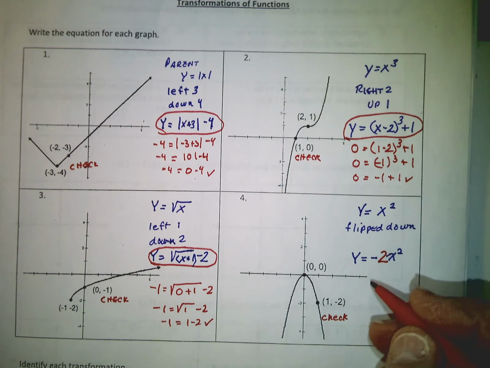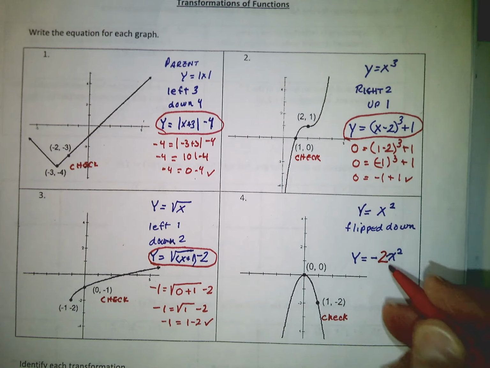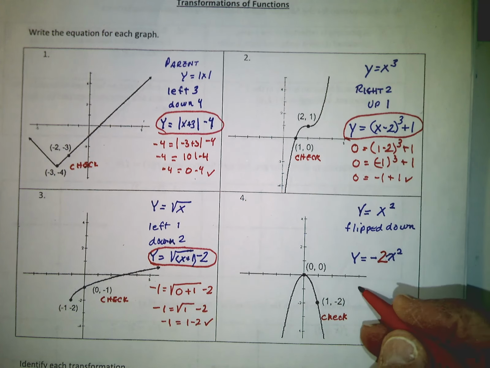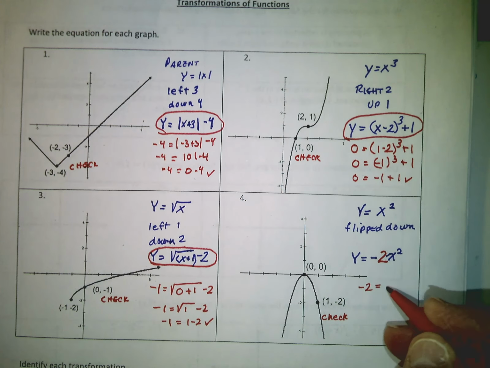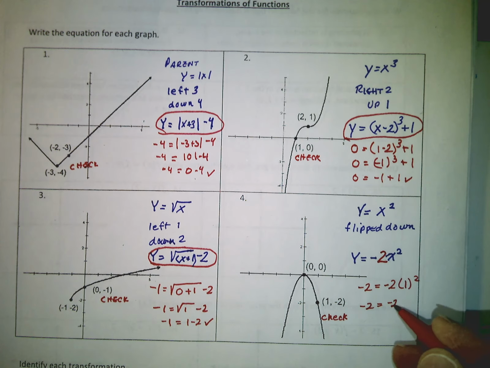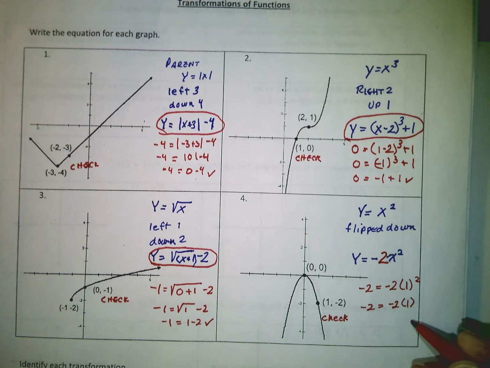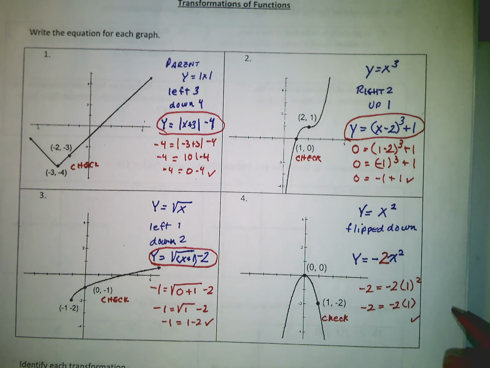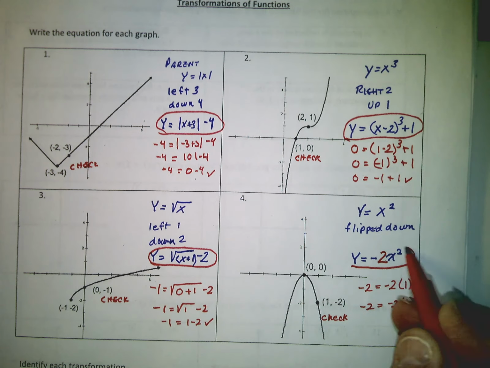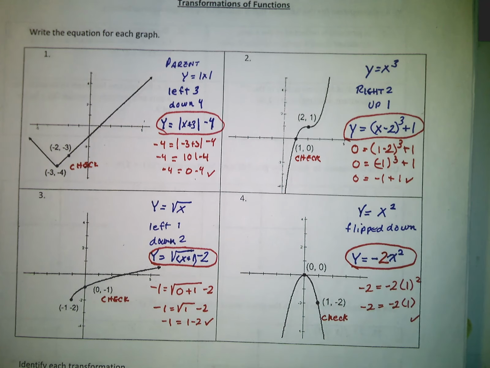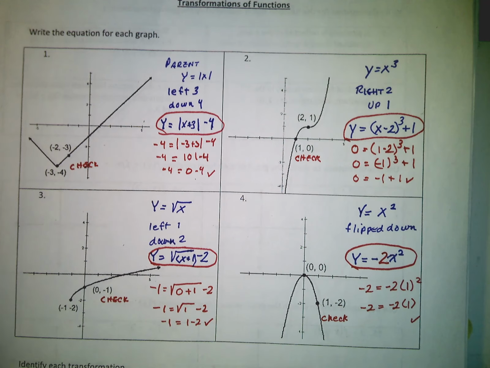So let's check this revised equation here. If we put a negative 2 in for y equals negative 2 times the square on x, does negative 2 equal negative 2 times 1? Yes, it does. So this does check out as being the equation of our transformed function.